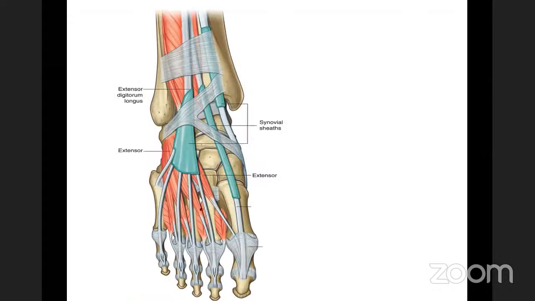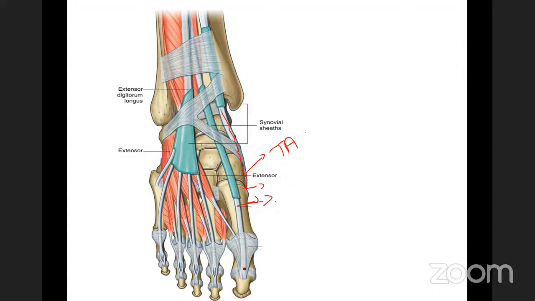Now, we will quickly revise the muscles. The tendon here, which is attaching to the inferior-medial aspect of the first metatarsal, is called tibialis anterior, as already discussed. Sorry, tibialis anterior is this one, attaching to the inferior-medial aspect of the base of the first metatarsal.